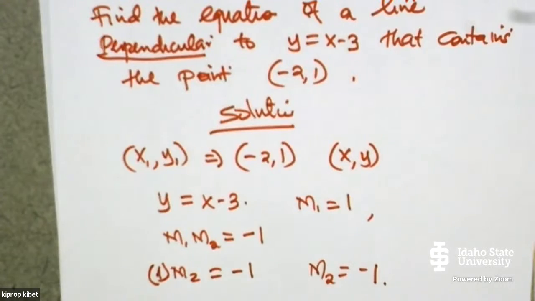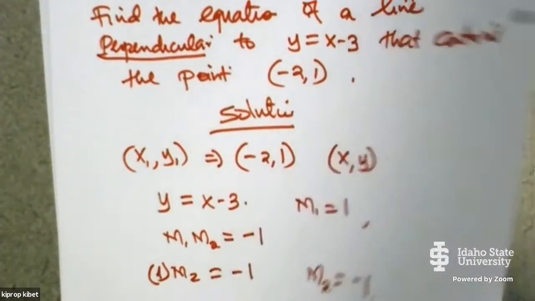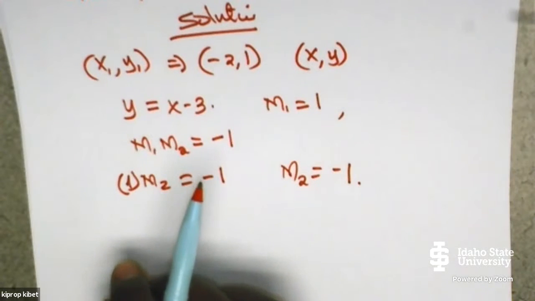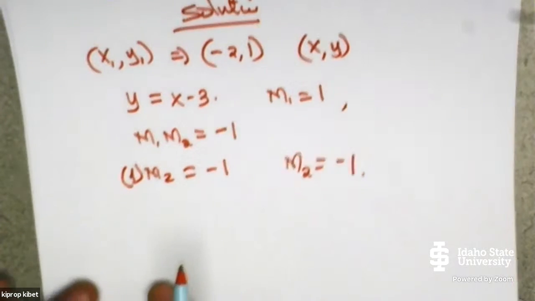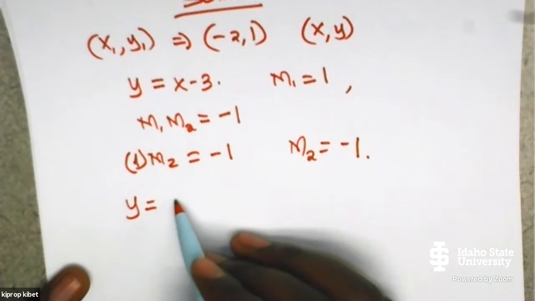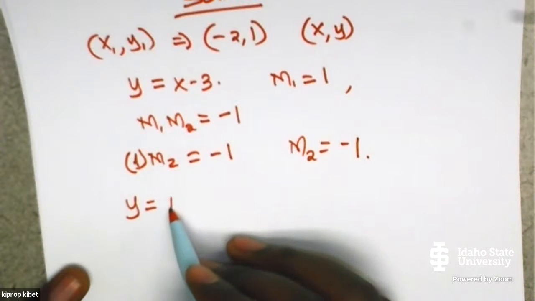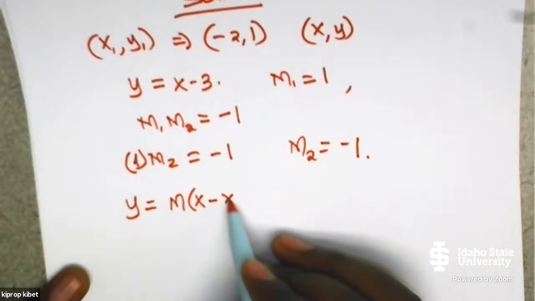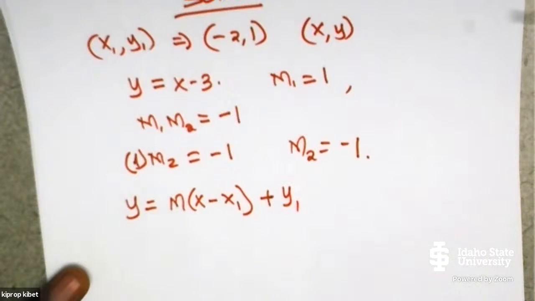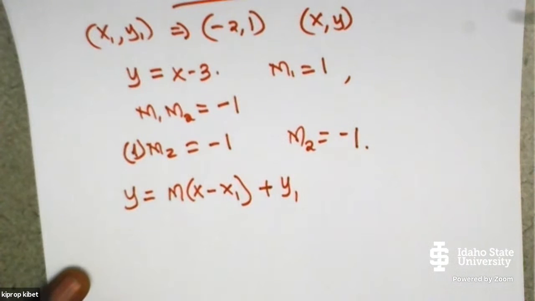So now, to write the equation of this line, we are using the point-slope form. It says y equals m times x minus x1, plus y1, right? Do we still remember this?